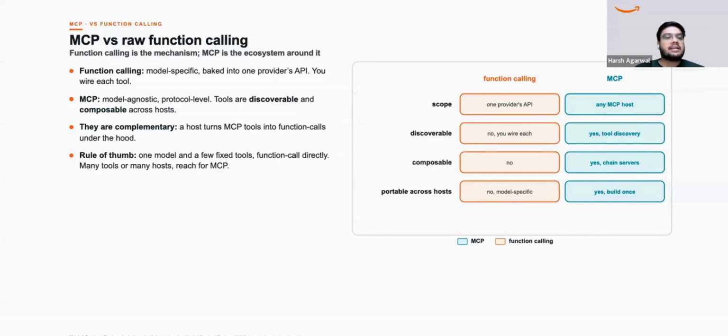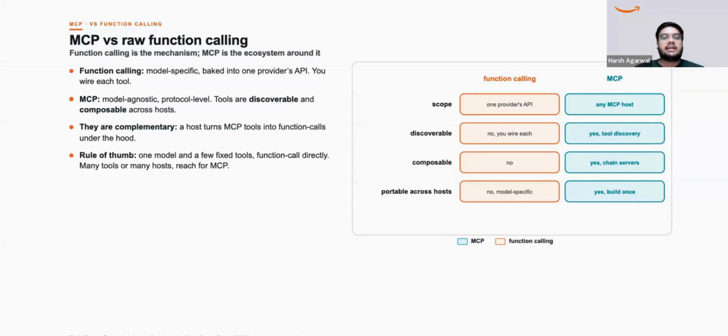MCP, on the other hand, is an ecosystem around that mechanism because it's model agnostic, and it sits at the protocol level, and the tools are discoverable and composable across many hosts. And here's the key: they are not competitors, but they are complementary. Under the hood, an MCP host takes the tools it has discovered and turns them into ordinary function calls for whatever model it's using. So MCP is kind of feeding function calling.